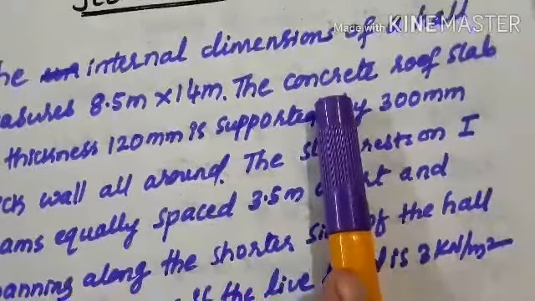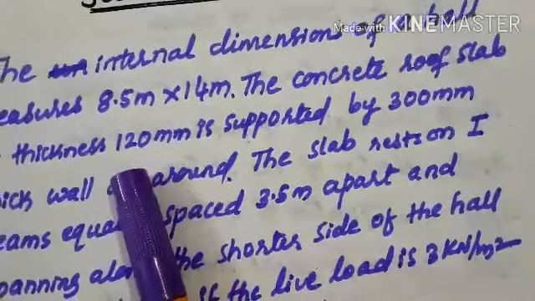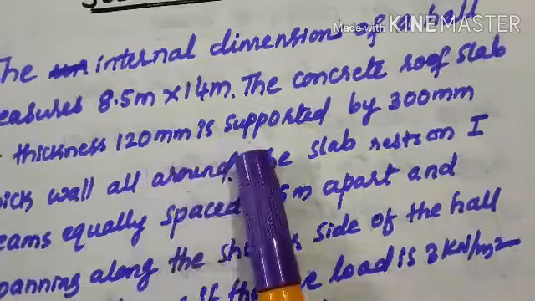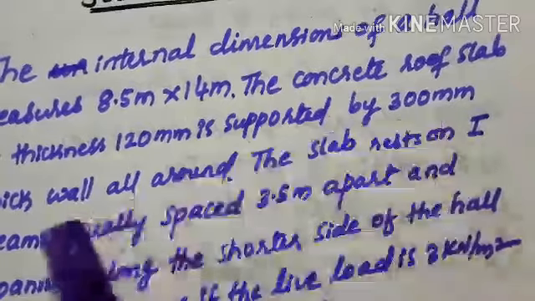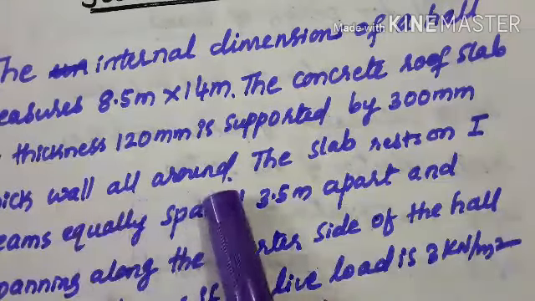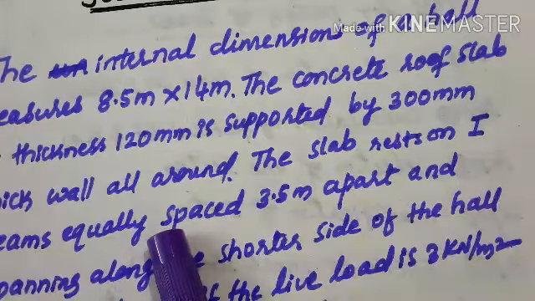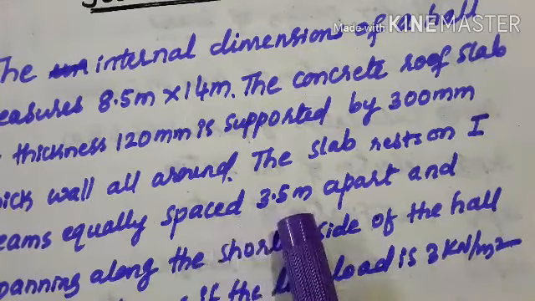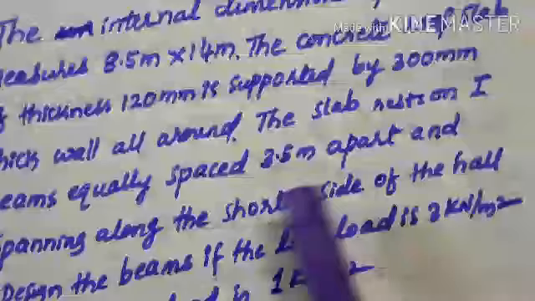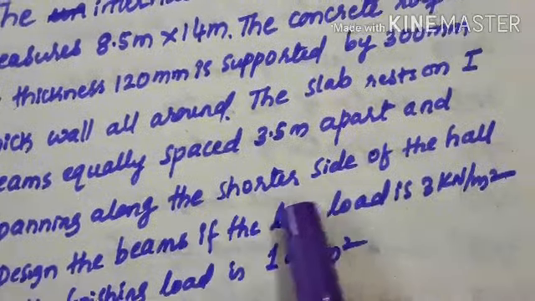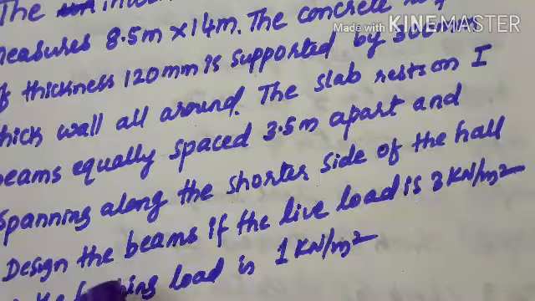The concrete roof slab of thickness 120 millimeter is supported by 300 millimeter thick wall all around. The slab rests on I-beams equally spaced 3.5 meter apart and spanning along the shorter side of the hall.